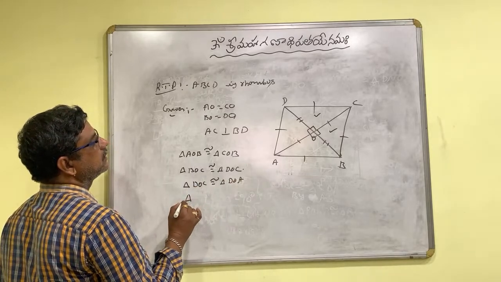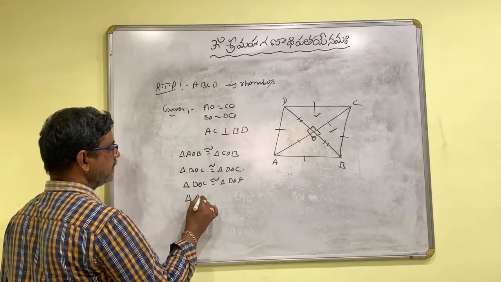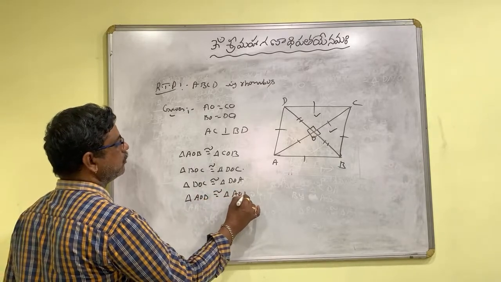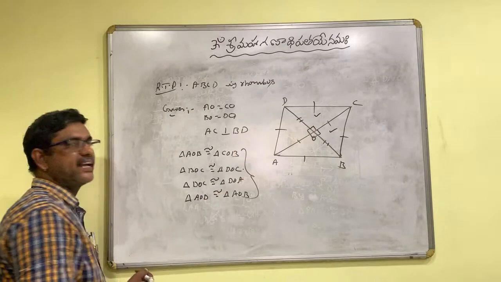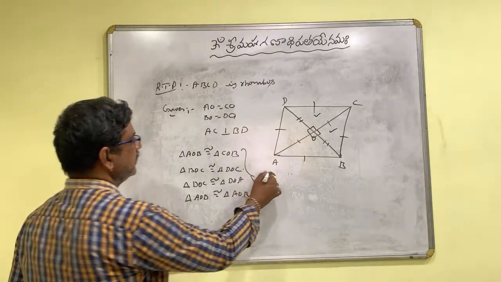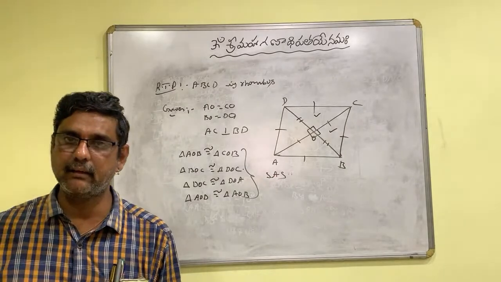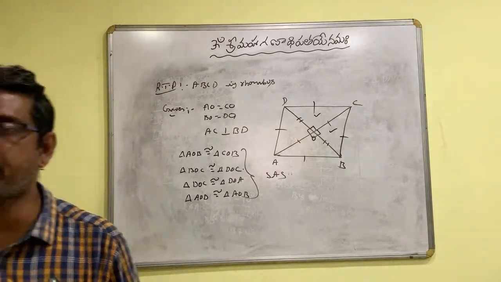Triangle AOD is congruent to triangle AOB. These four pairs by SAS congruency criteria.